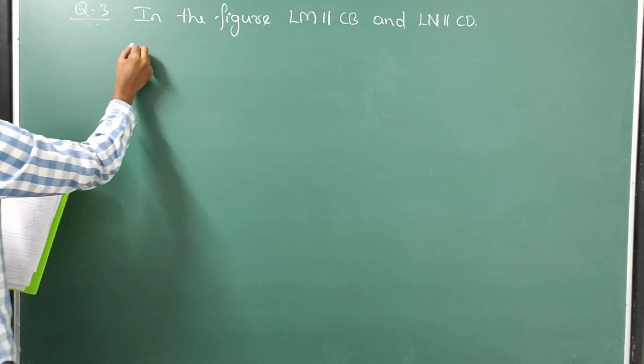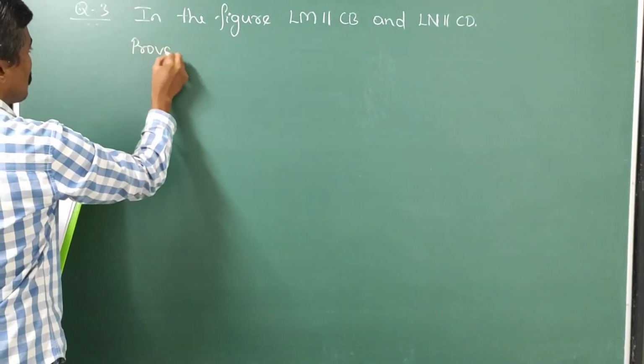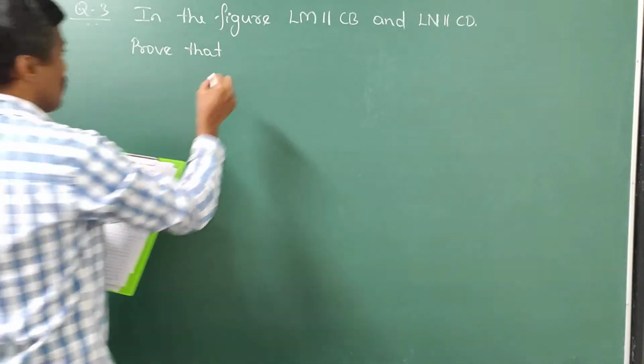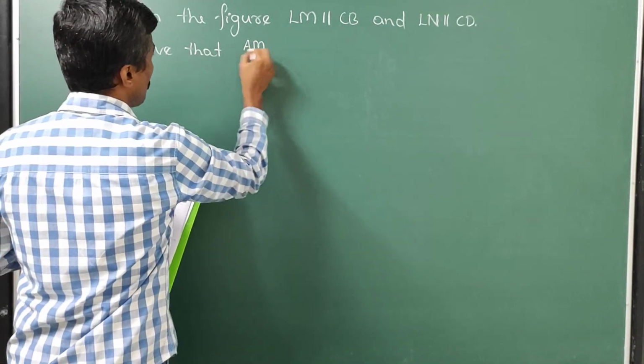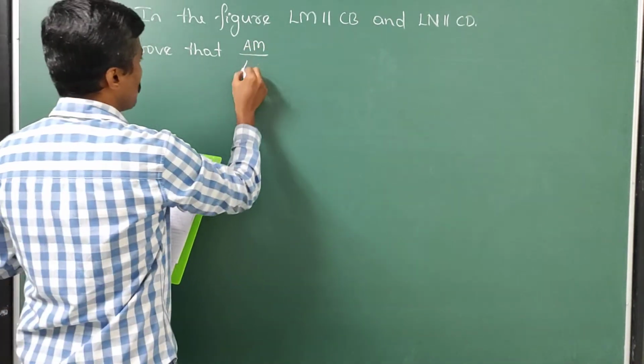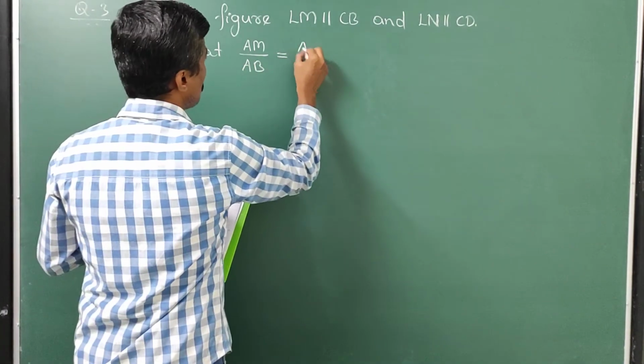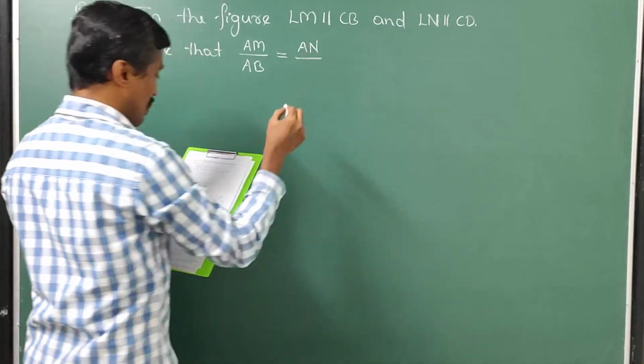Prove that AM by AB is equal to AN divided by AD.